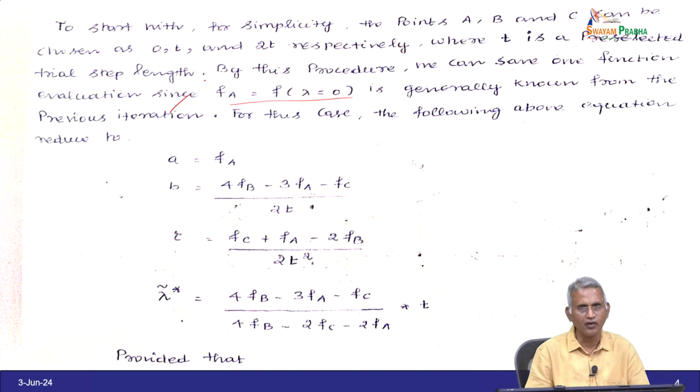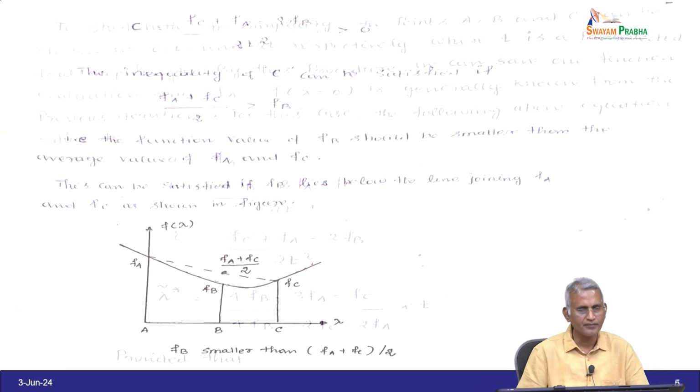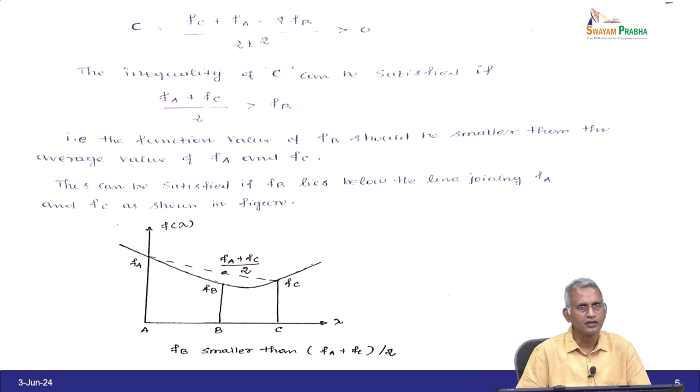For this case, the above equations reduce to a equal to f of A, and b equal to 4 f of B minus 3 f of A minus fc by 2t, and c equal to fc plus fa minus 2 fb by 2t square, and lambda star equal to 4 fb minus 3 fa minus fc by 4 fb minus 2 fc minus 2 fa into t, provided that c equal to fc plus fa minus 2 fb by 2t square is positive.